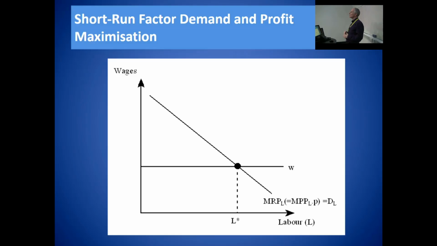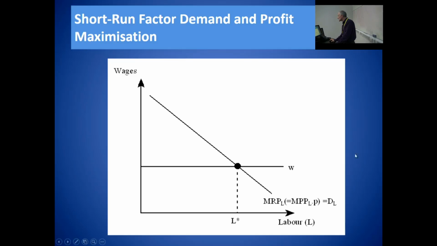If it costs you £10 to hire one extra worker, but that worker can produce output that is worth £20, would you take that worker on? Yes, because it's profitable to do so. If you had to pay a worker £10, but that worker could only produce output which is worth £7, is that profitable? No, it costs you more to employ them than the value of output.